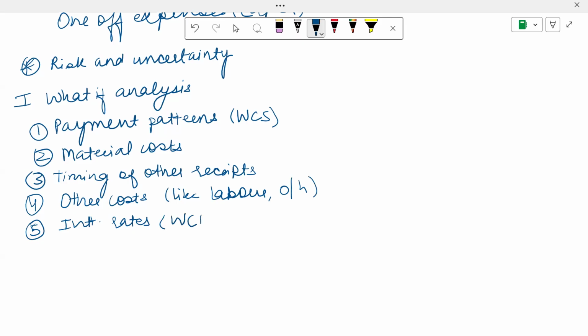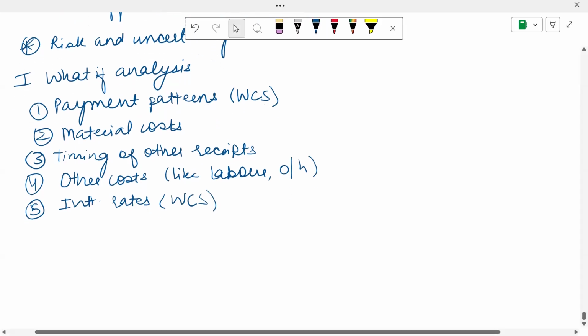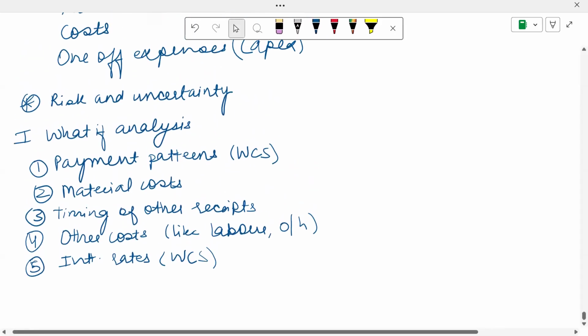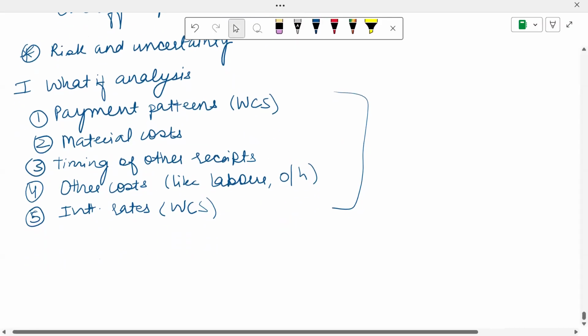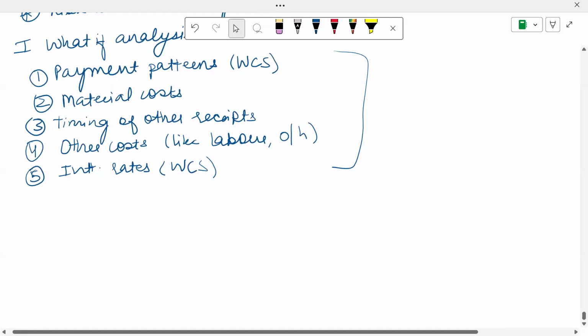So over here also we'll talk about the worst case scenario. This is how the what if analysis or the sensitivity analysis tries to find the effect of change in any of these factors and how it is going to affect my cash flow forecast.